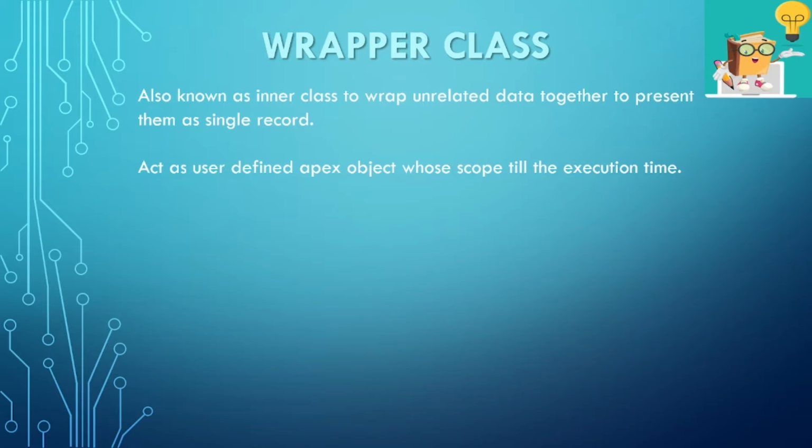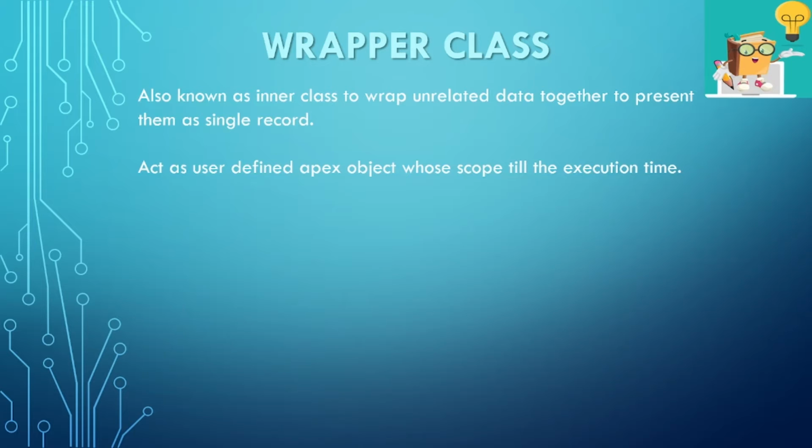So in today's session, we are going to talk about wrapper classes in Salesforce. I would say it's a very important concept and you can see it's being used widely in all your Salesforce orgs. So what are wrapper classes? Wrapper classes are also known as inner classes.